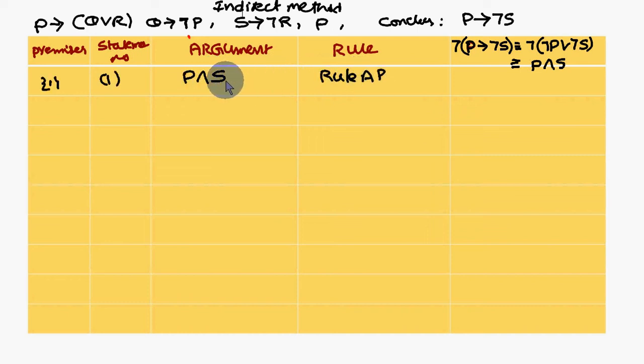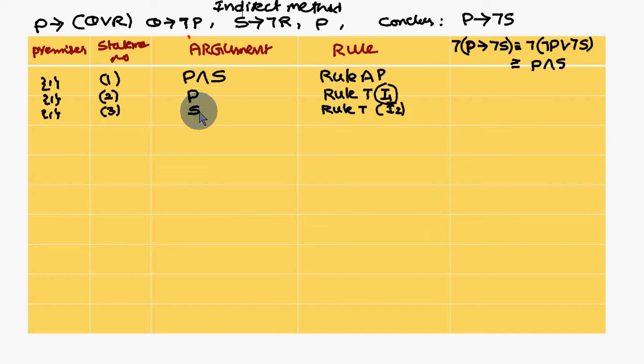So P and S can be written as P and S. This is rule T according to implications I1 and I2.